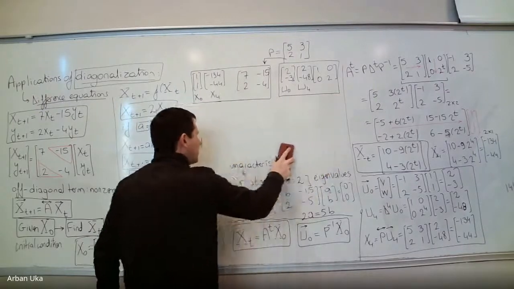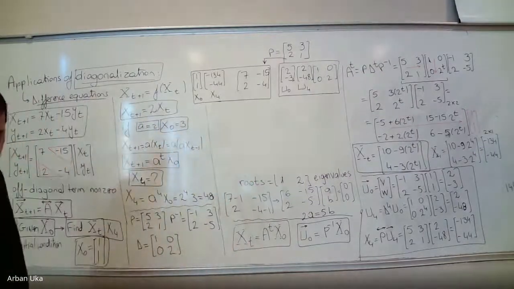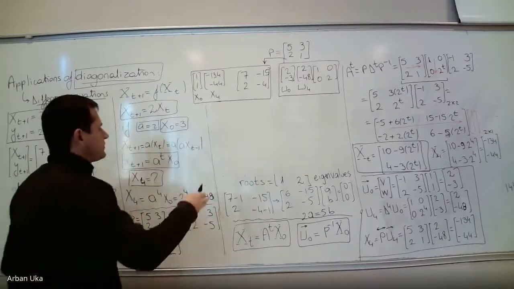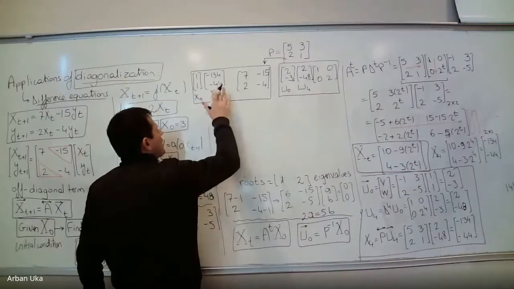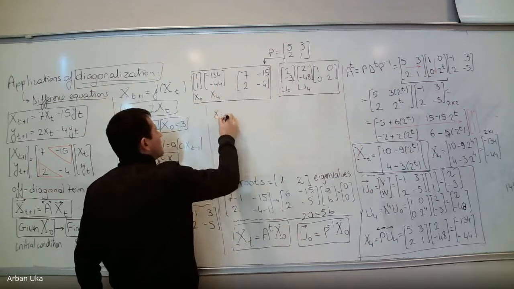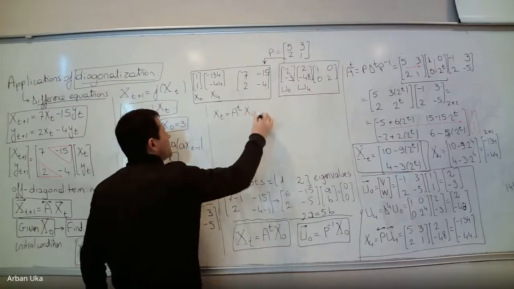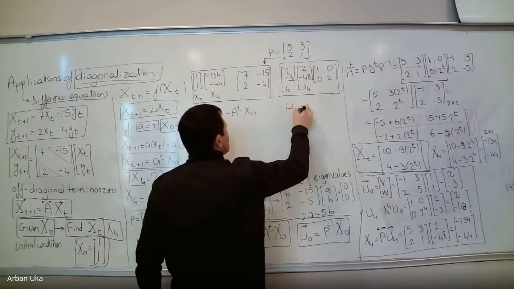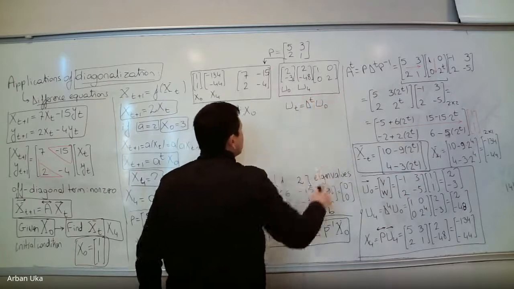Now, calculating eigenvalues, wait a second, so eigenvalues are 1 and 2. So in principle, the equations in this domain are as follows. We say that xt is equal to A to the power t times x0. Here, we say that ut is equal to D to the power t times u0, okay?